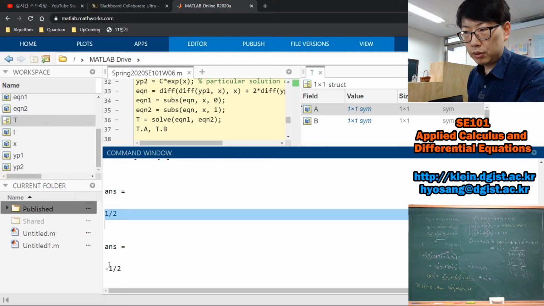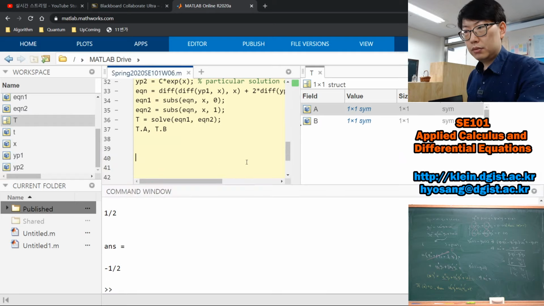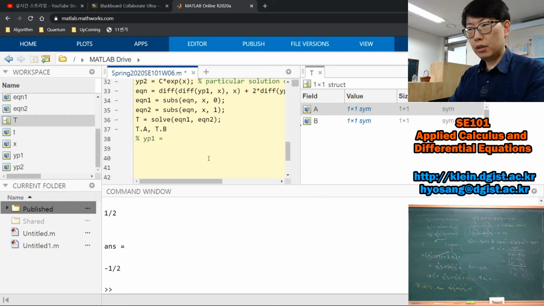So it says a is 1 over 2 and b is negative 1 over 2. So here you have yp1 equals 1 over 2 times x plus negative 1 over 2.